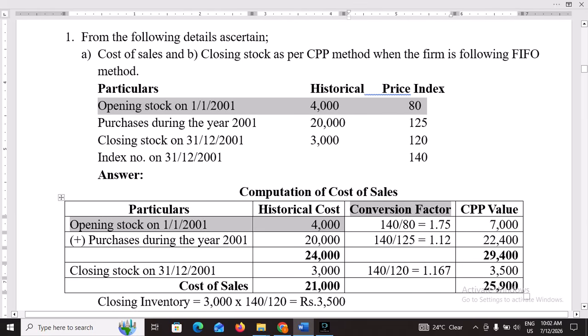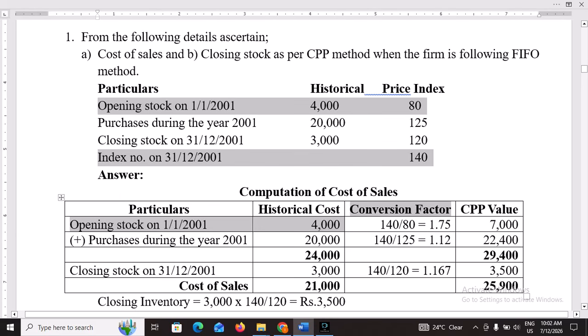The closing index is 140, the index number on 31/12/2001, divided by the opening stock price index of 80.